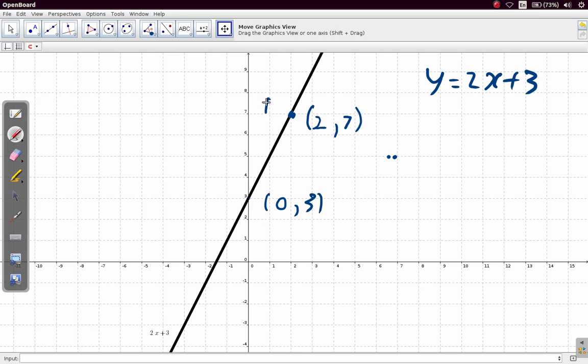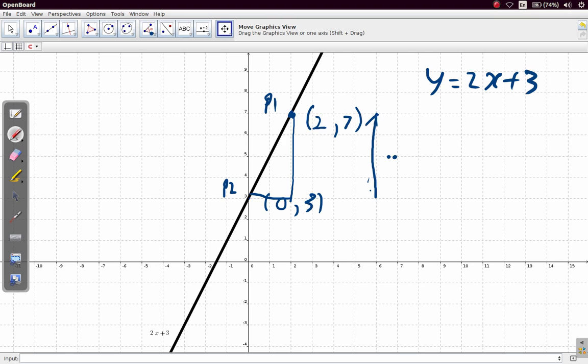Now, if we choose this point as point 1 and this point as point 2, then we can consider the difference in height between point 1 and point 2, if we should have drawn our right angle triangle like this. What would be the difference in height? It would be the difference of the y values, 7 and 3. Right?